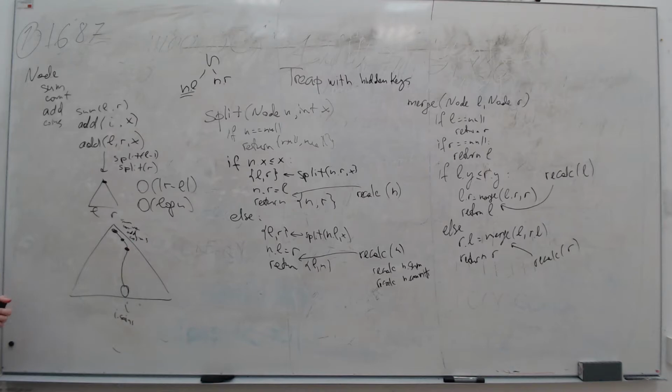Okay. So again, was it clear that we have add L and R, and we split their tree to L and R? Kinda, yeah.